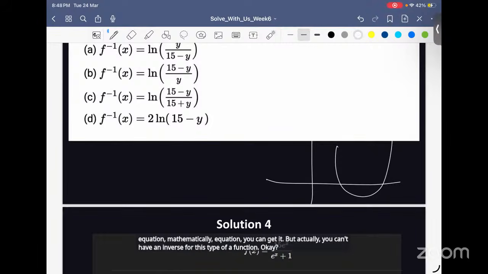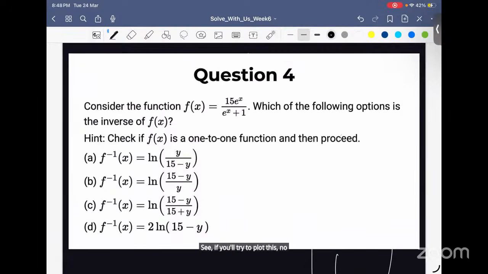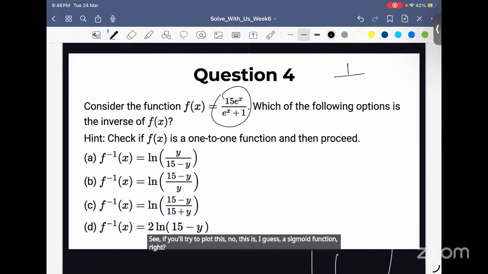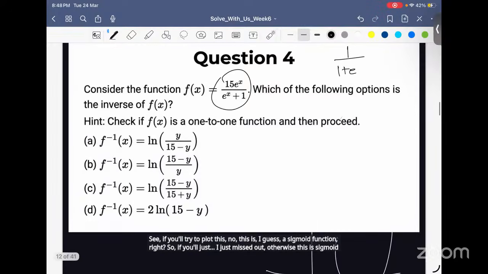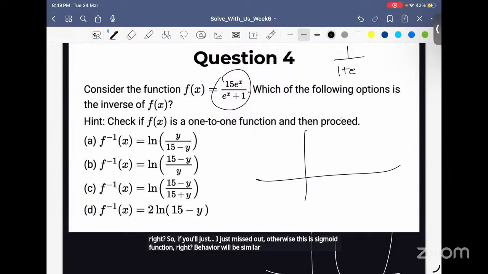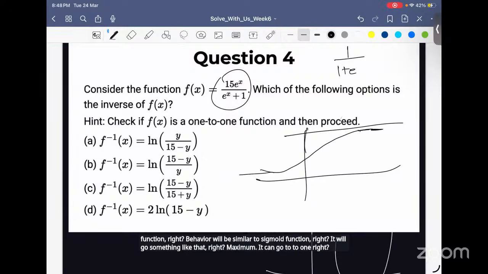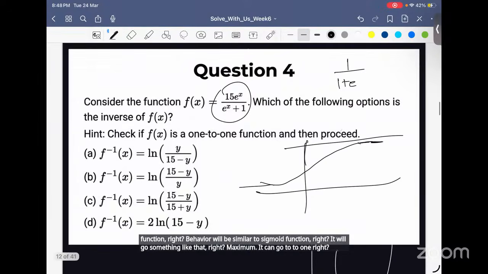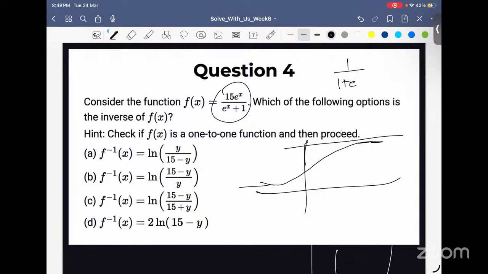See, if you try to plot this, I guess this is a sigmoid function, right? Its behavior will be similar to a sigmoid function. It will go something like that, and maximum it can go to 1, so you only get 0 to 1.